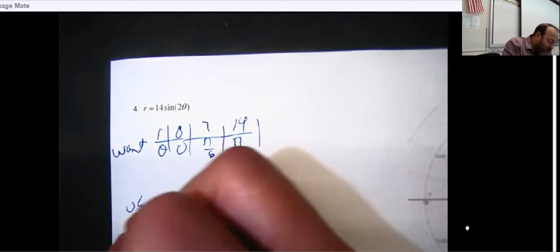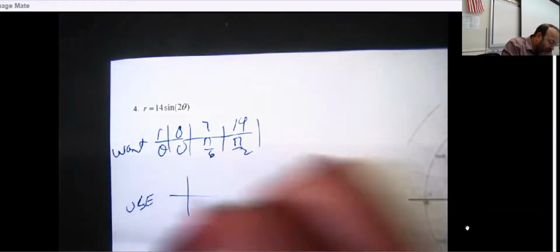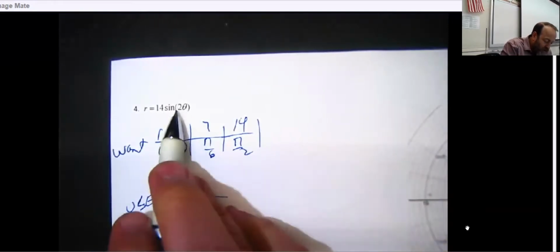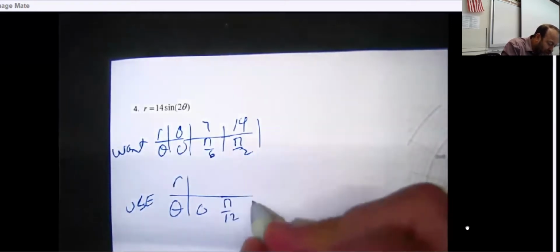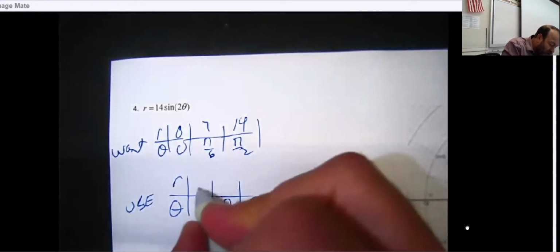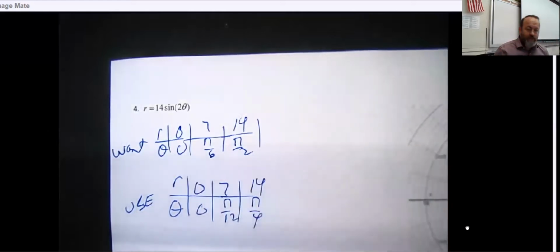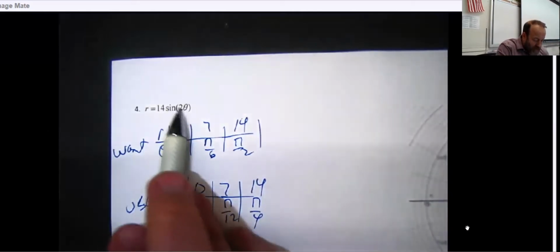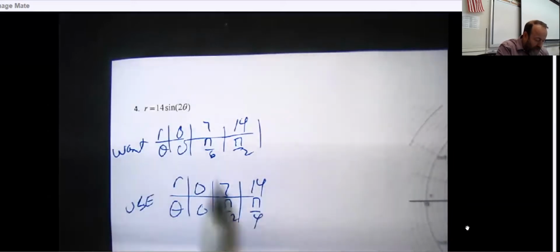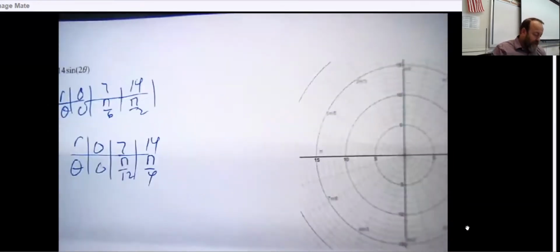But what I get to use is going to be affected by that value 2. Everything here is going to get divided by 2. The results are going to be left alone. Again, what's interesting is that this is actually being modified, but the sine of pi over 4 is actually still going to be 14. So let's see what happens.